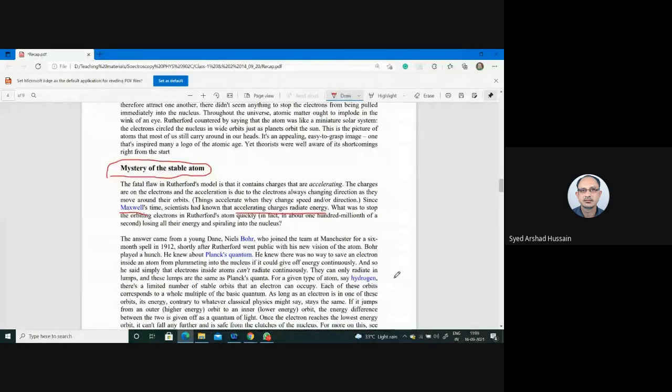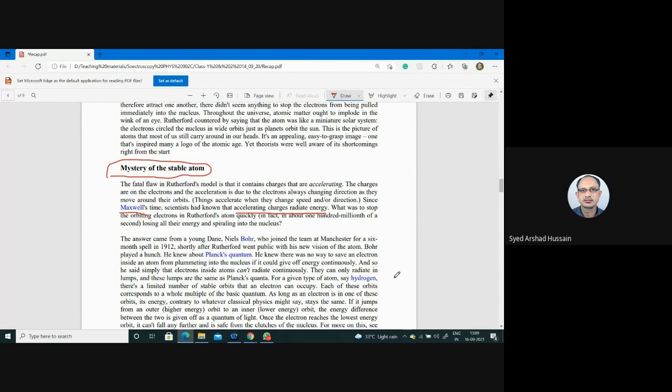What he did, he mainly used two things. One is he tried to apply Planck's theory in Rutherford's theory. So he tried to combine two ideas, because Rutherford's theory was based on classical mechanics and Planck's system is quantum mechanics.